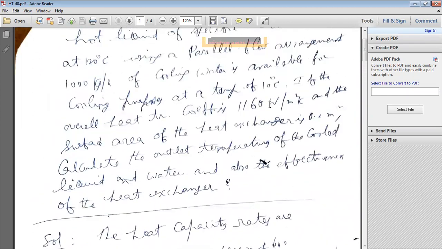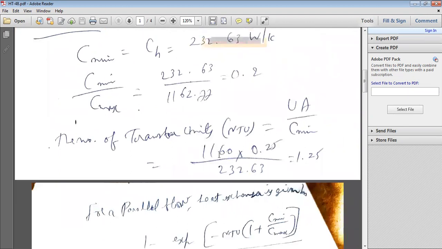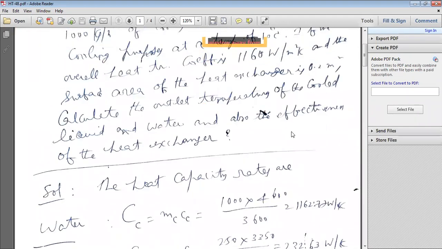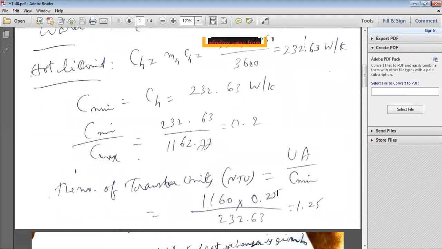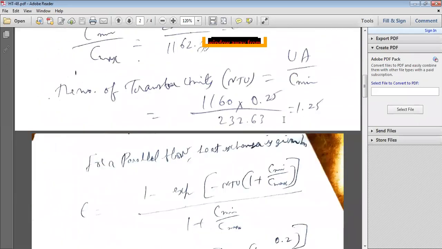So U 1160 into area. What is the area given? 0.2. 0.2 only. By mistake I gave 0.25. 1160 into 0.2 divided by C minimum value 232.63. From that, the NTU will be coming as the number of transfer units. After calculation, you will be getting 1.25.